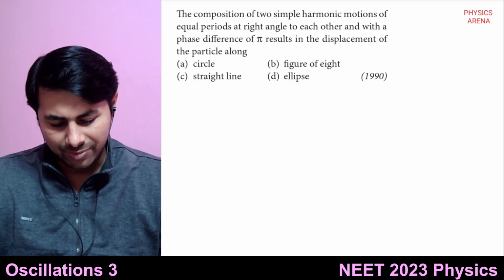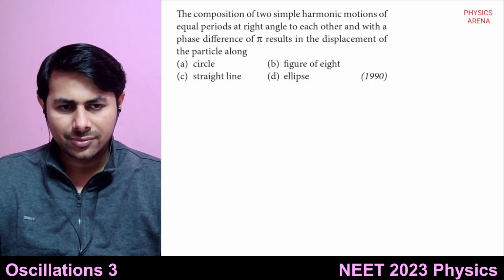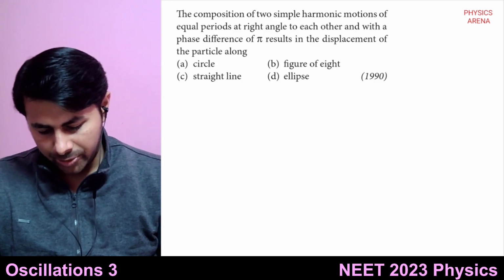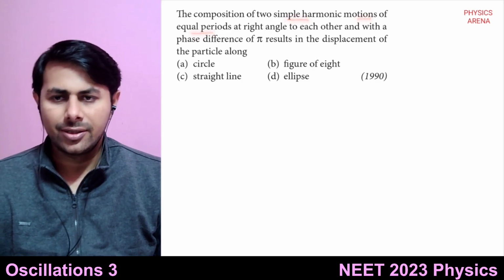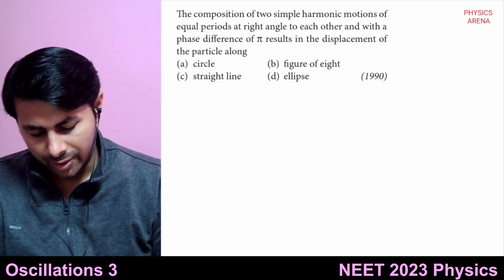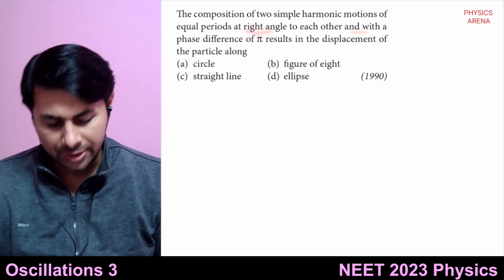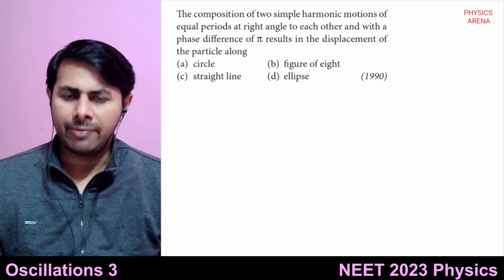Now, can you tell me? Composition of two simple harmonic motions of equal periods, that means frequency is same, acting at right angles to each other and with phase difference of pi, and now, not pi by 2.